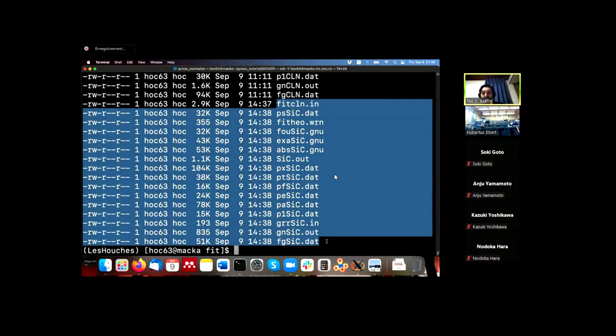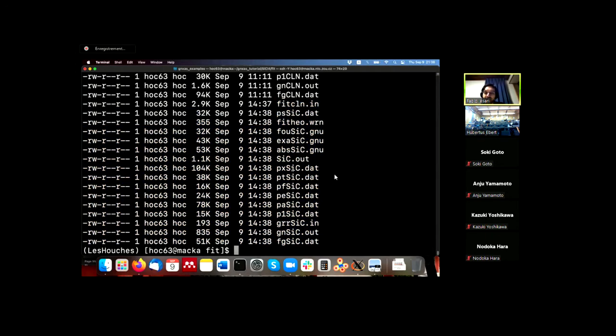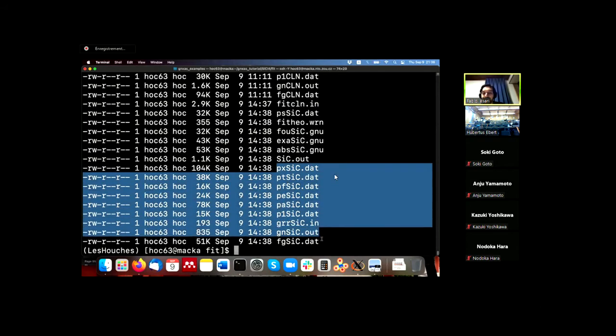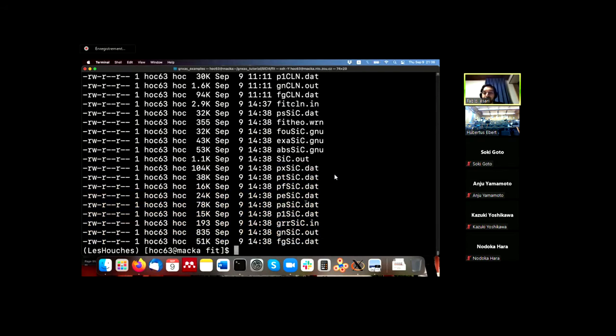These are all the files that have been created. Just to see a few, in general this dot file can be seen with the top drawer program.